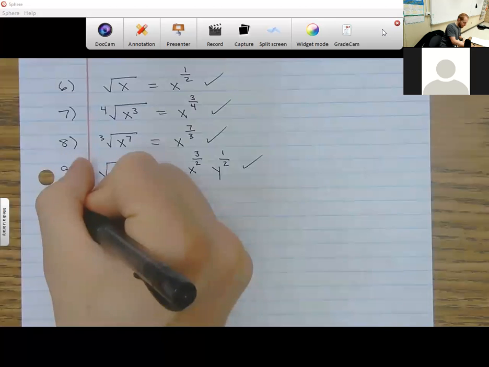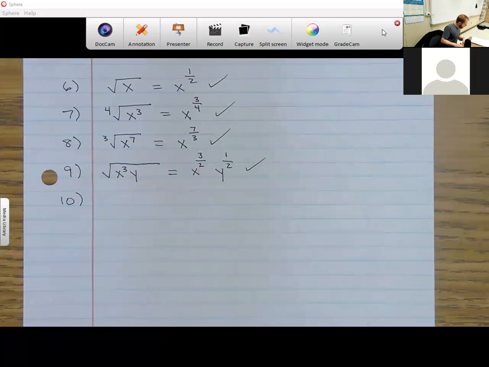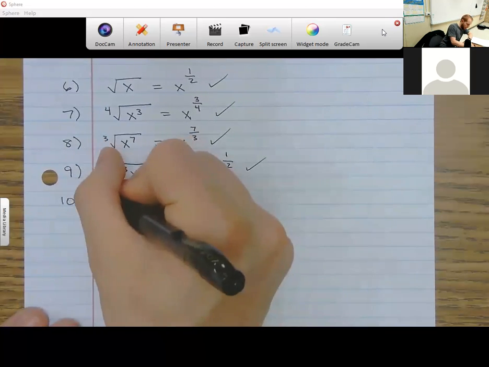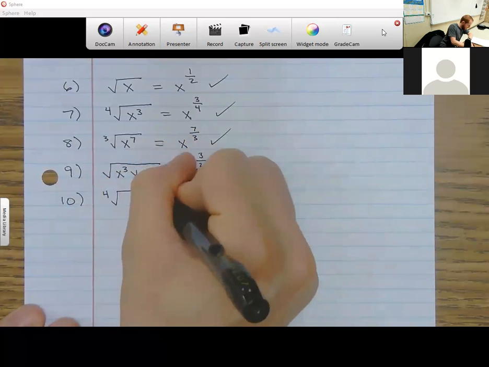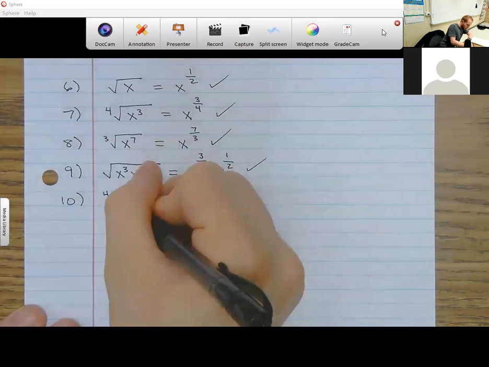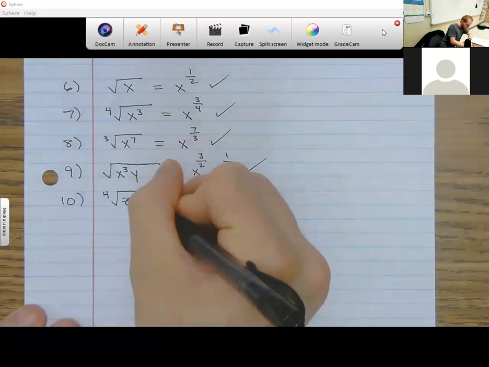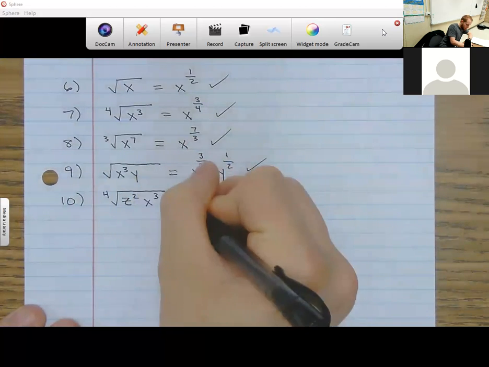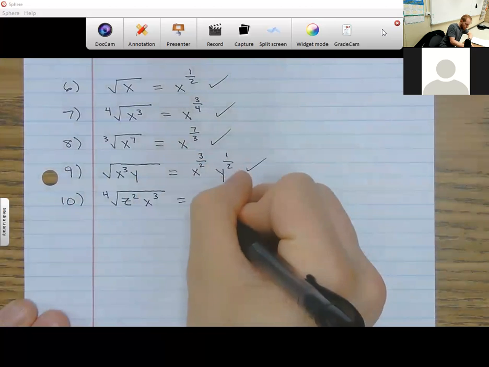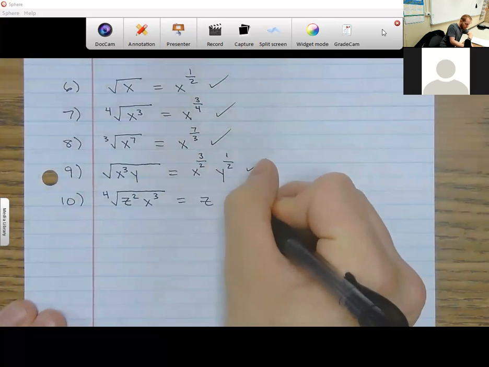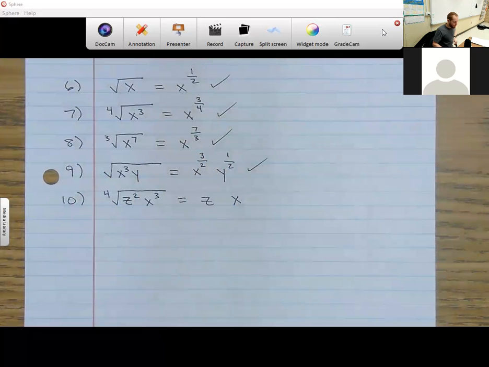Let's do 10 now. 10 says the 4th root of z squared x cubed. Okay, so I know I'm going to have an x and a z, right?